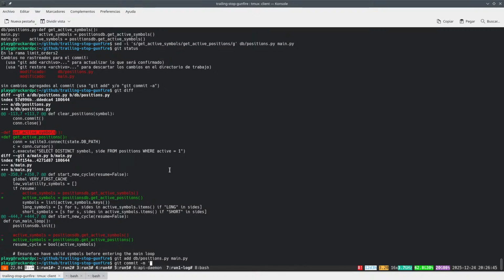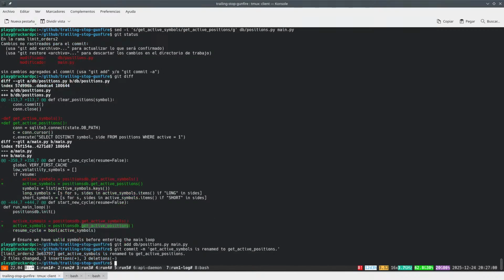So get active symbols is renamed to get active positions. Nice.